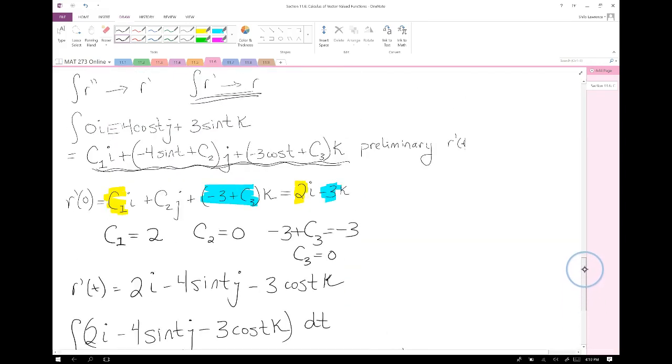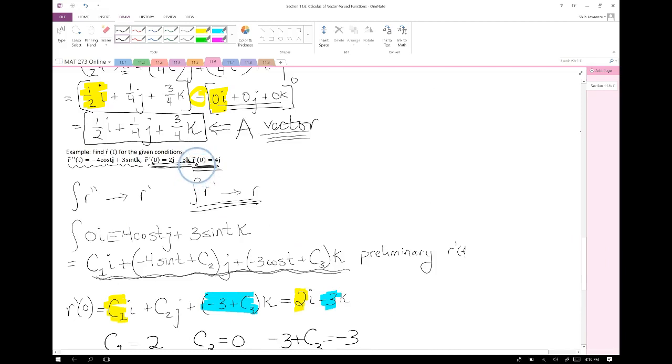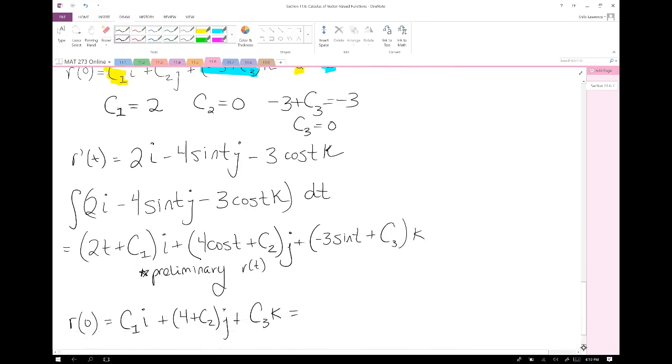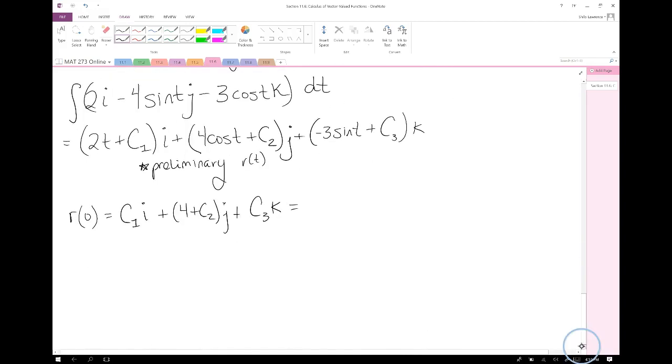And all the way at the beginning, they told us once you have what you think is the original R function, R of 0 should equal 4j. So we can compare what we have so far, and this is supposed to equal 4j, and we can match up like terms. The j component on the left-hand side needs to equal the j component on the right-hand side.